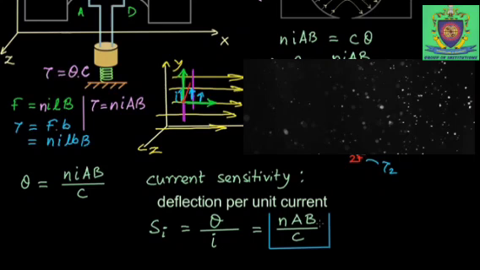Last is your C. C is inversely proportional. C is a constant which is created in the spring. So the rigidity of the spring connected should be more. Meaning if the spring rotation is more, the coil rotation also will be more. When the coil rotation is more, the deflection created in the coil will be more. When deflection is more, obviously your current sensitivity will be more.